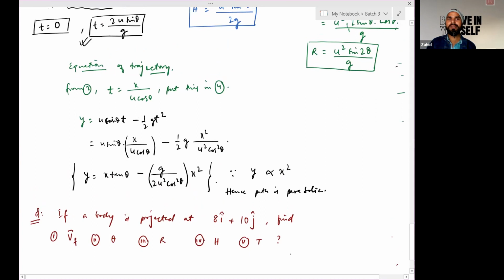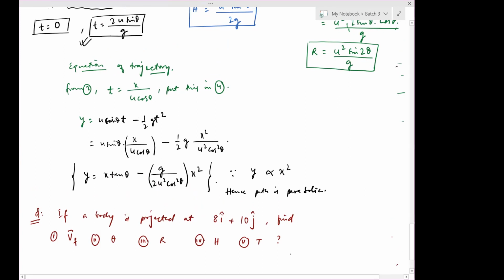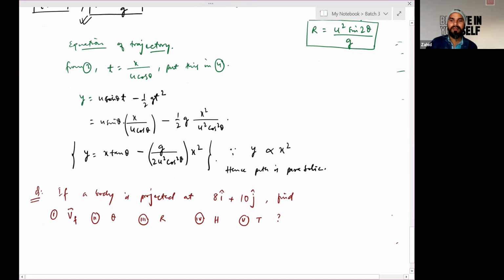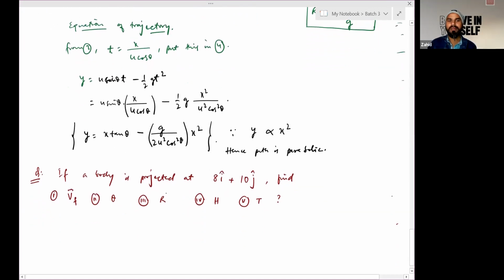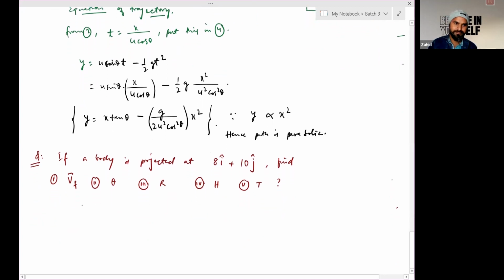You all have written till this part? Yes, sir. Okay. In this question, we have a body projected at 8 i cap and 10 j cap. So v initial is 8 i cap plus 10 times j cap.